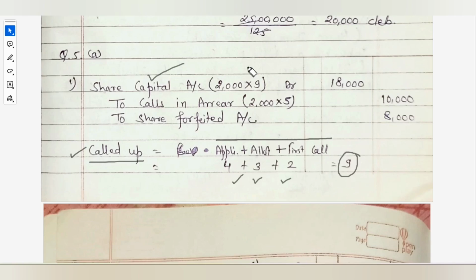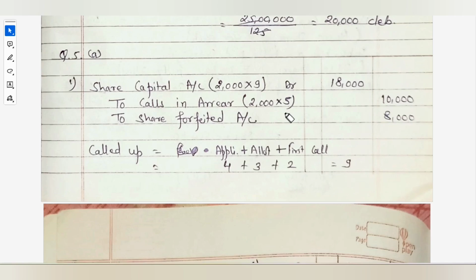So share capital account will be debited by the number of shares multiplied by called up. Here the majority of students committed an error: they used to multiply these shares by face value, but in most cases they got the correct answer, while in a few cases like this question they got a wrong answer.